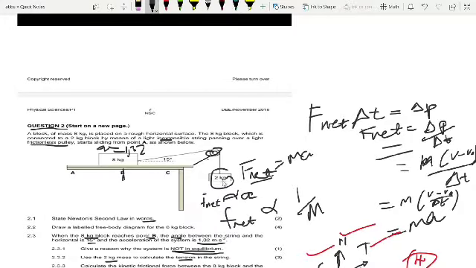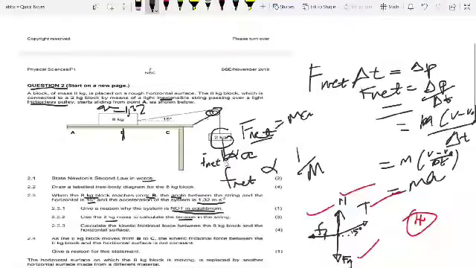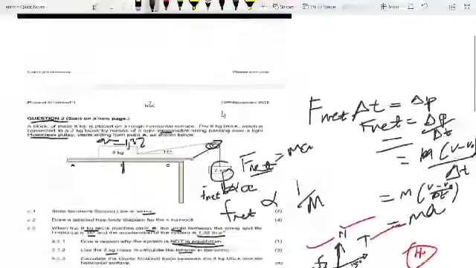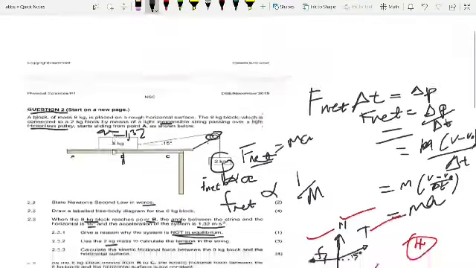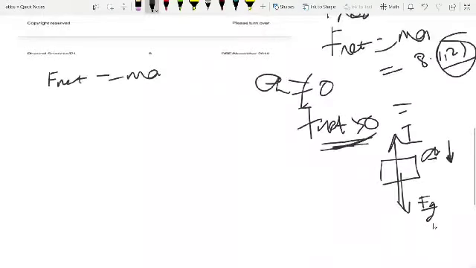It slides downward, meaning that the force of gravity is doing more work than tension and more work than friction. Hence we have this acceleration here.